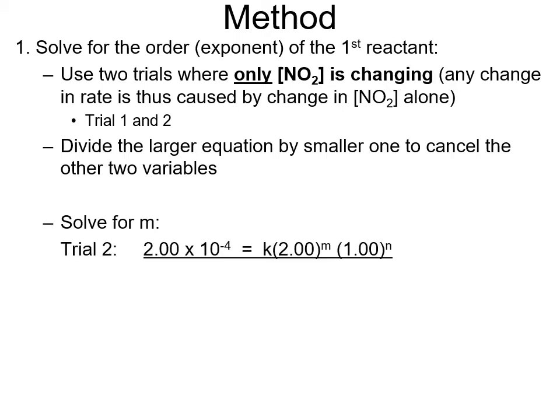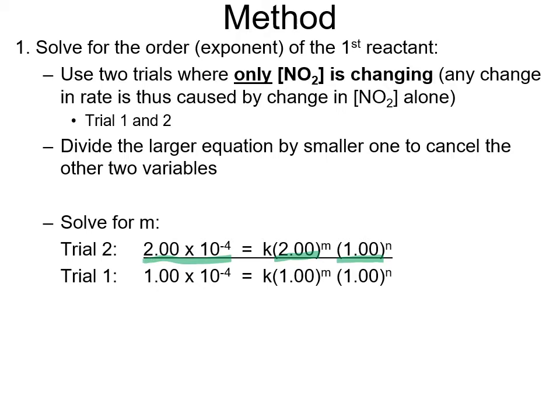If we look at trial 2, we can take the rate, the concentration of the NO2 and the concentration of the F2. If we divide the information from one trial by the information from the other trial, we're going to be able to cancel out these variables. Essentially, we're dividing one equation by another equation in order to eliminate variables.